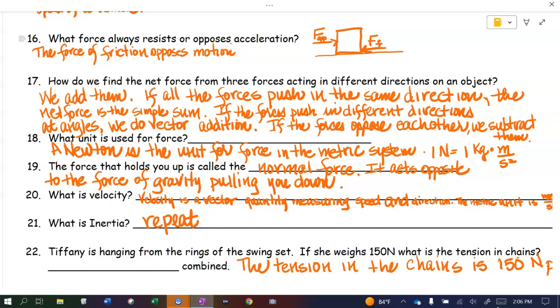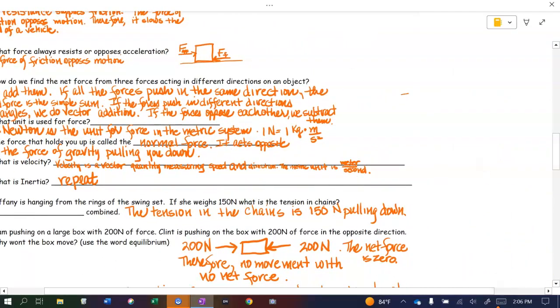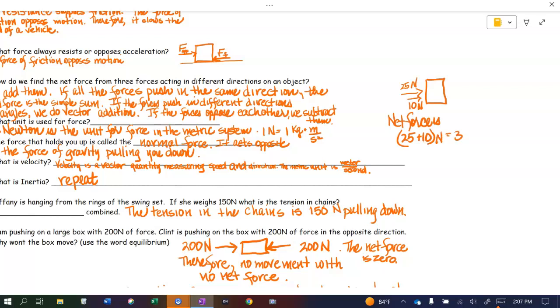All right, so if we have two forces acting on this object, let's say a taller person and a shorter person, and this is 25 newtons, and this is 10 newtons. The fact they're going in identical directions, the net force is 25 plus 10 newtons, or 35 newtons.